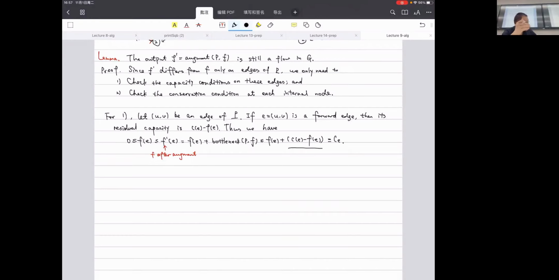The bottleneck is at most this value, because this is the remaining capacity that you can further increase along this edge, which is the value on the residual graph.